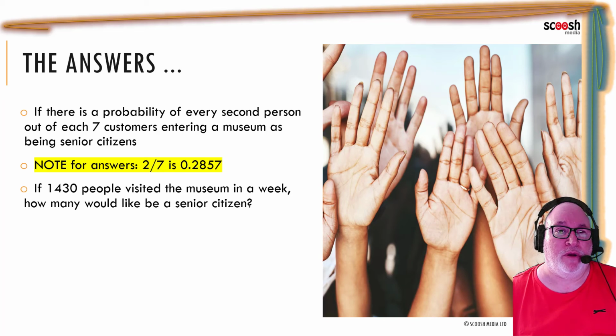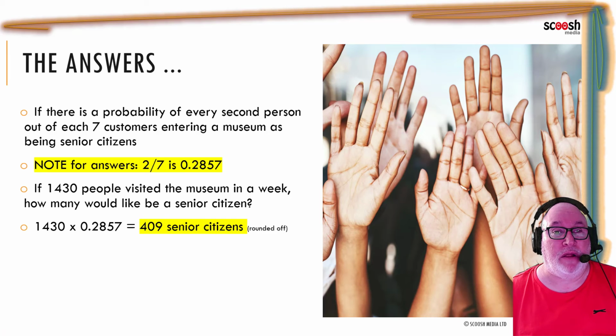So the next question was, if 1,430 people visit the museum in a week, how many are likely to be senior citizens? There's a wee spelling mistake there as well, isn't there? Just noticed that. Okay, so it's how many would likely be a senior citizen, not like.